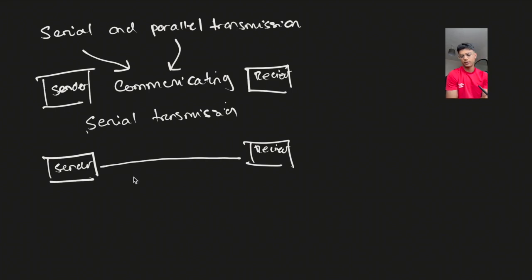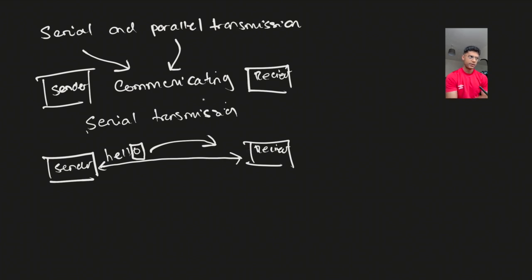For example, I'm going to make this a bit simple, say we want to send across hello. Each letter in the word hello will be sent across one at a time. That is what serial transmission is essentially: one communication line, which is this one here, which is used to send across information.